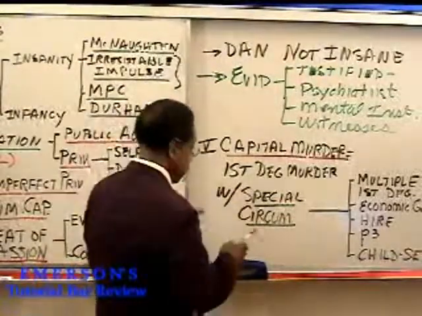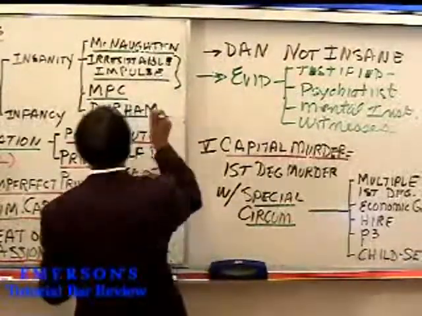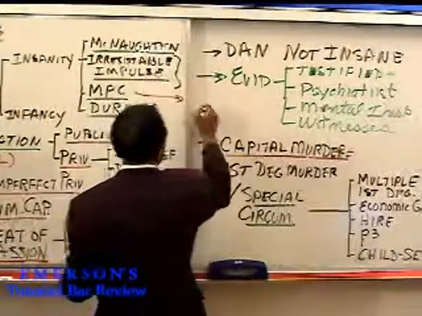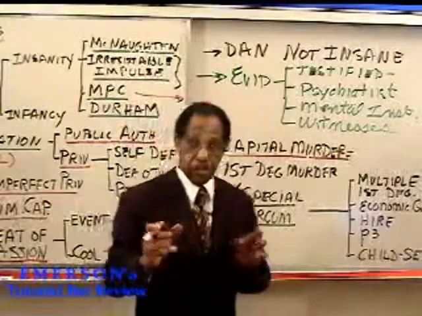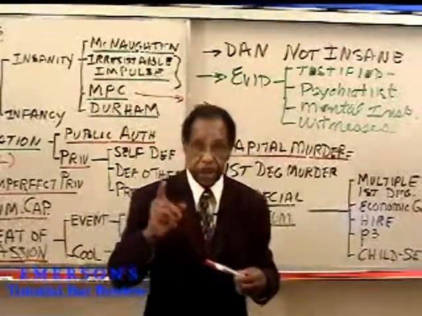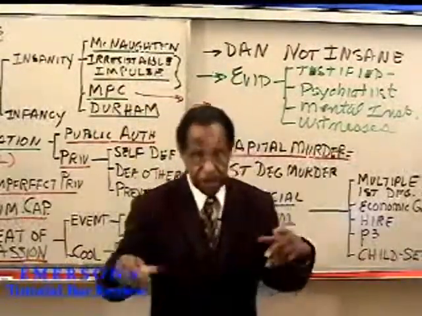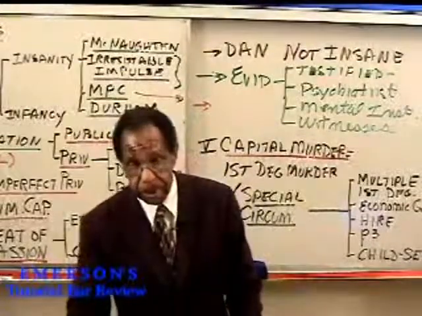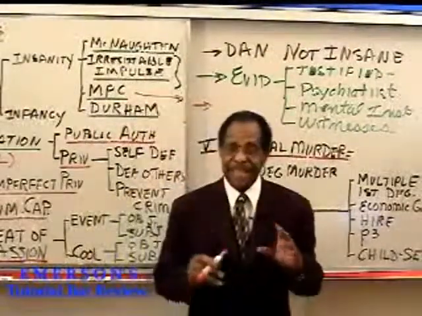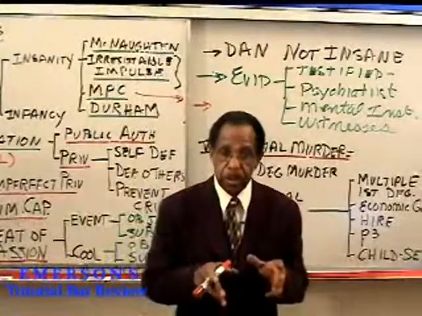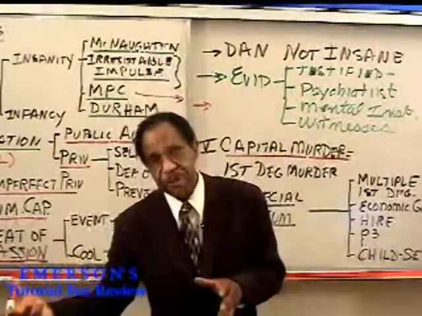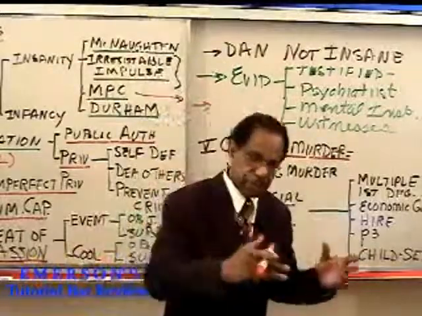Next comes the Model Penal Code, and in Model Penal Code jurisdictions, insanity has two parts. The two parts are, number one, that because of mental disease or defect, like before, the person lacks substantial capacity to appreciate the wrongfulness of their conduct or to control their conduct.